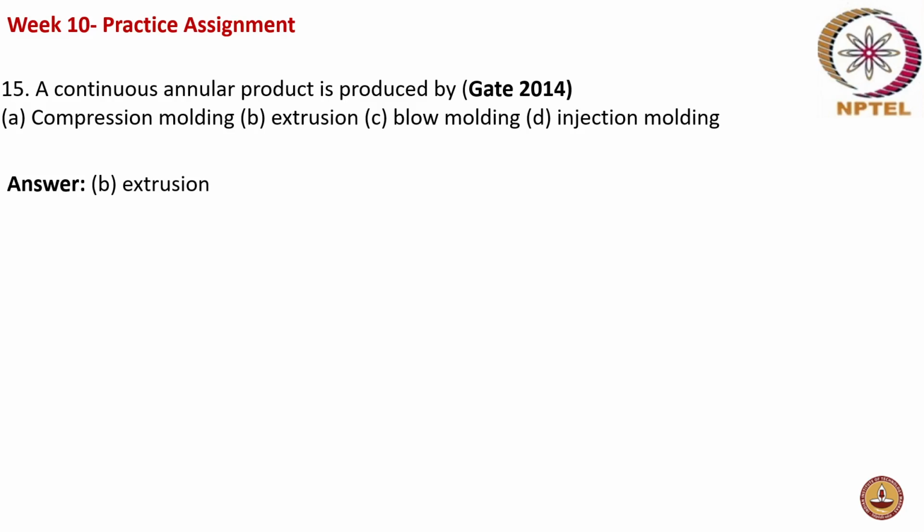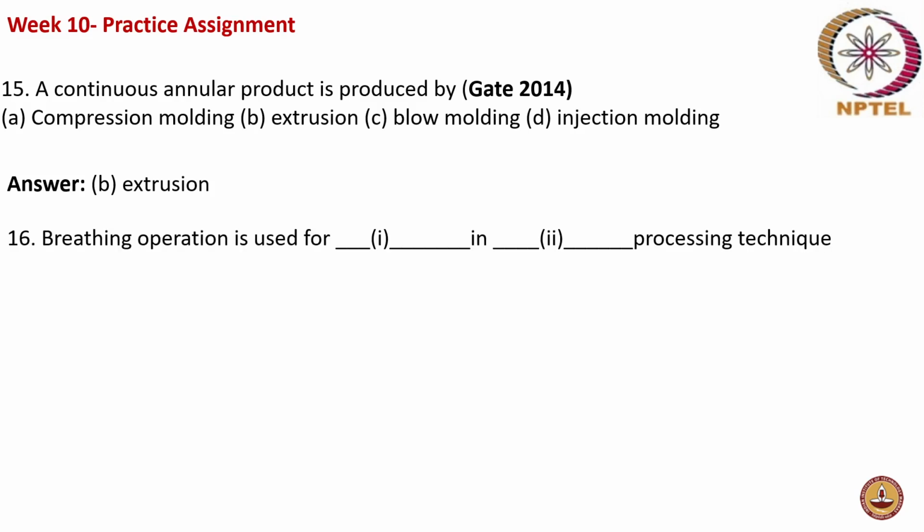In extrusion, you will get a continuous annular product. Other processes like compression molding, blow molding and injection molding are not continuous processes. One product has to come out, then the raw material for the next product gets in. In extrusion, it can be extruded out continuously, so extrusion is the process by which a continuous annular product can be produced.